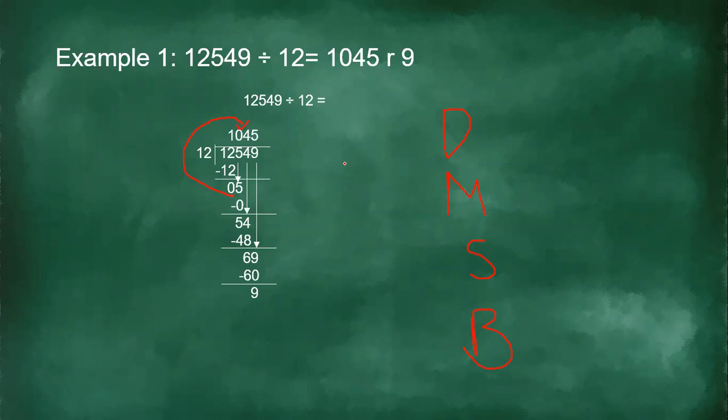You have a minute left. You have 1 minute left. 30 seconds. 5, 4, 3, 2, 1.